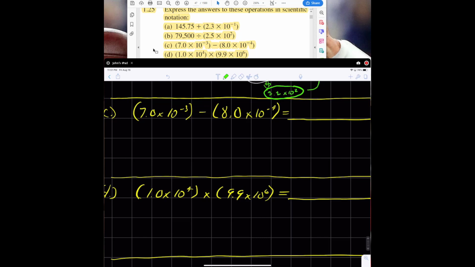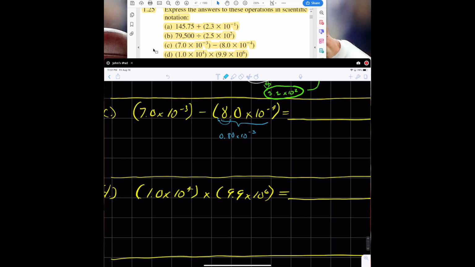And how we do that is we're going to turn this number 8.0 times 10 to the minus 4 into 0.80 times 10 to the minus 3. So what we did was we just moved the decimal point to the left 1.